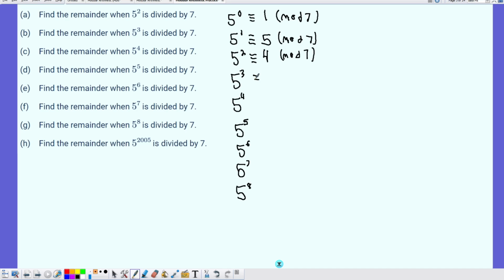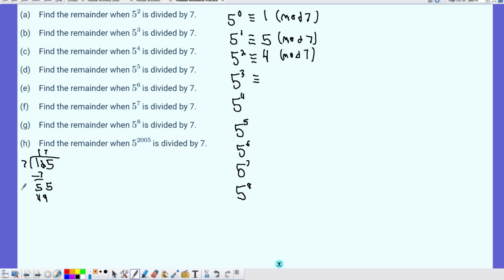Next, 5 to the third power. Well, that's just 125, and 125 divided by 7 goes in 1, 7 minus 12 is a 5. Drop the 5. 7 goes into 55 7 times, so that's 49.